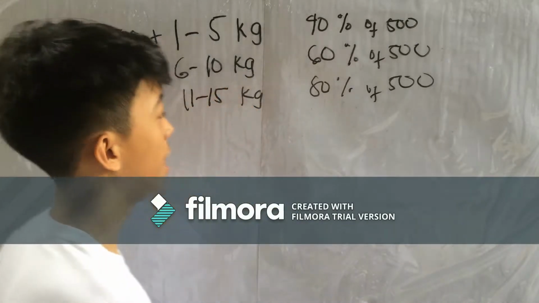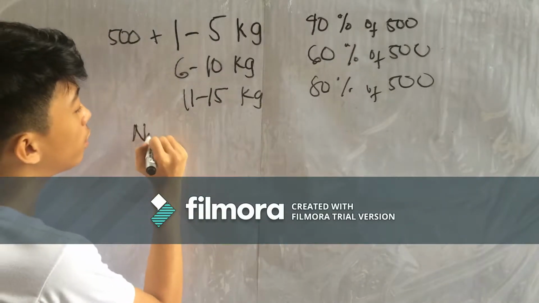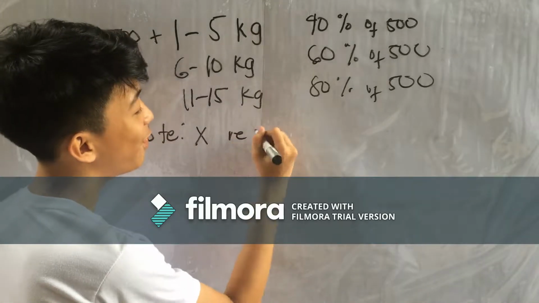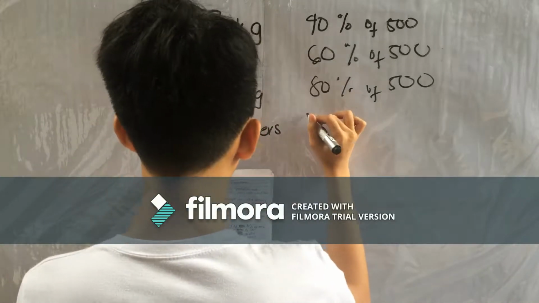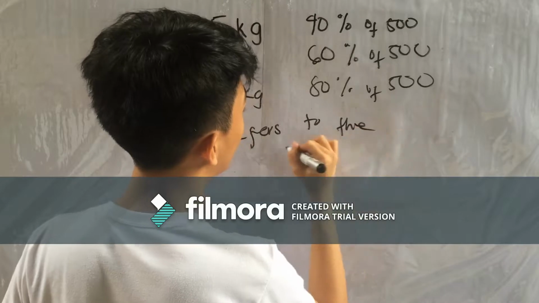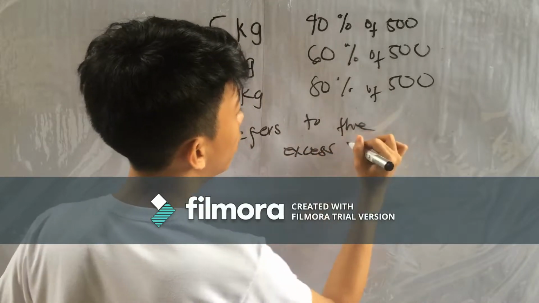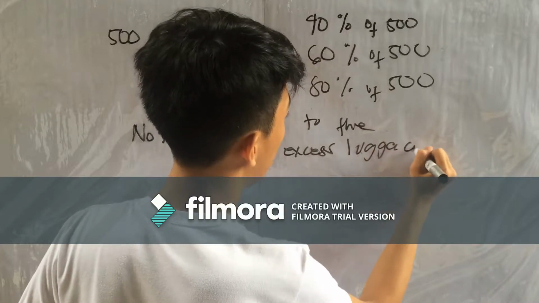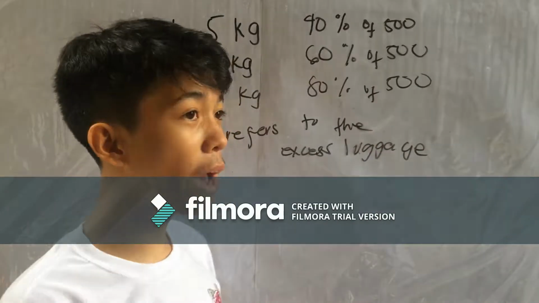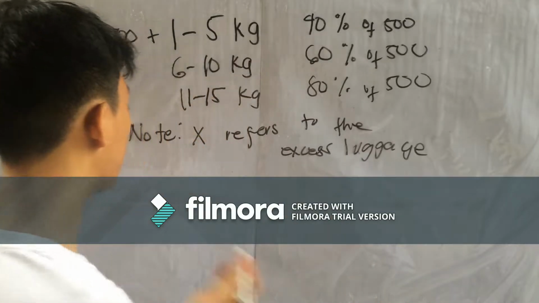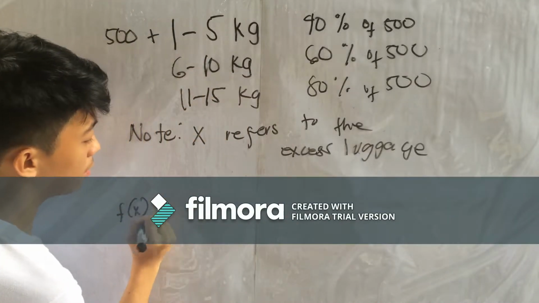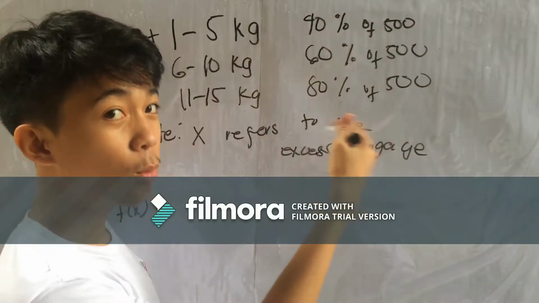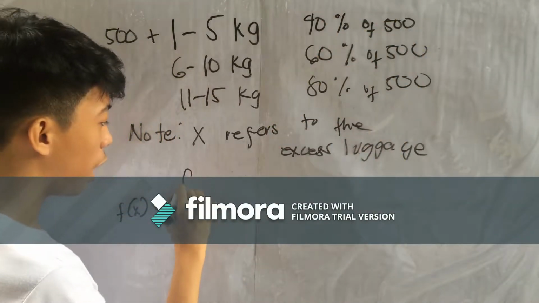So, the equation goes like this. Note that x refers to the excess luggage. Ang equation ay magiging ganito. f of x is equals, dahil nakuha na nga natin yung mga kailangan, magiging ganito siya.